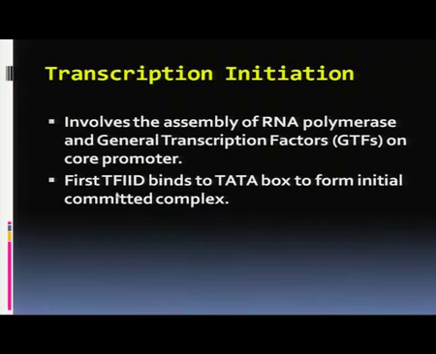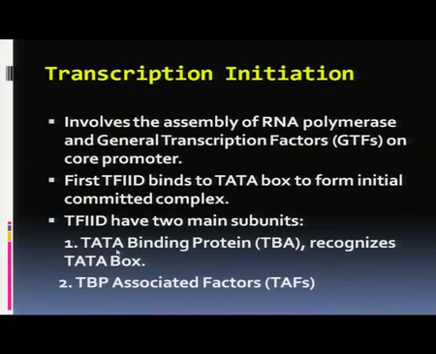First, transcription factor 2D binds to the TATA box to form the initial committed complex. TF2 means transcription factor 2, and D binds to the TATA box. Transcription factor 2D has two different subunits, one is TBP, the TATA binding protein, and another is TAF, the TBP associated factors.